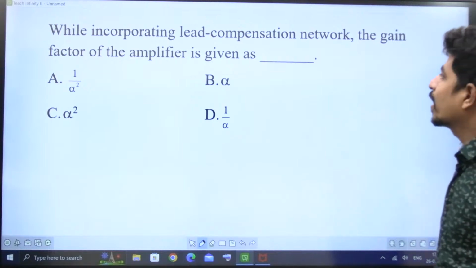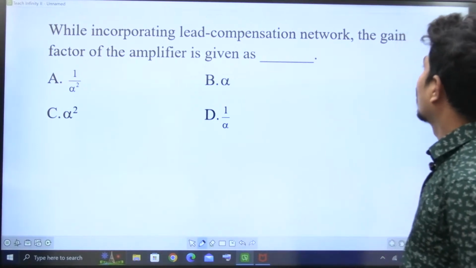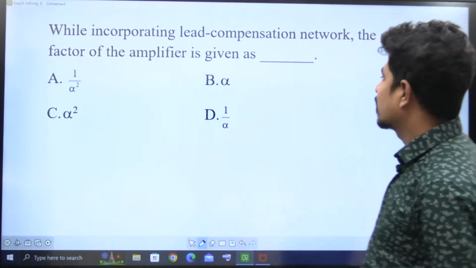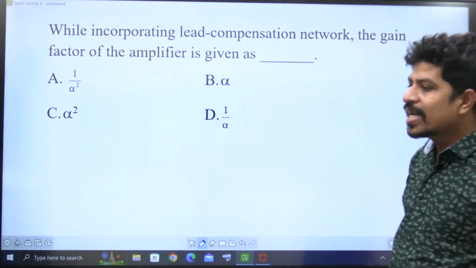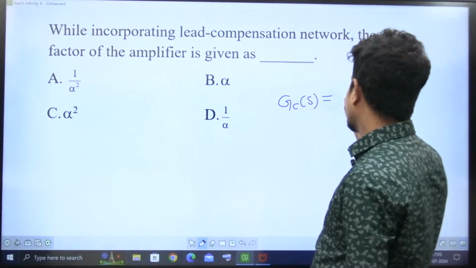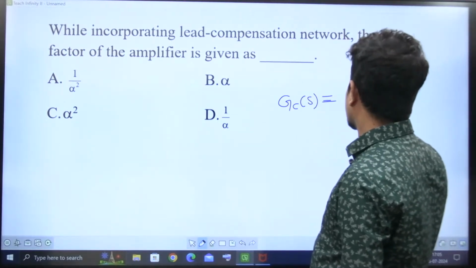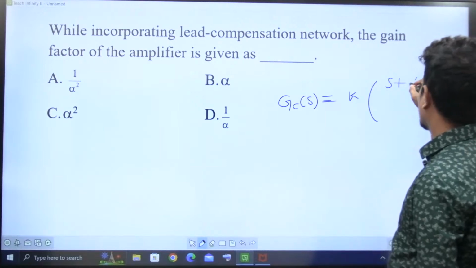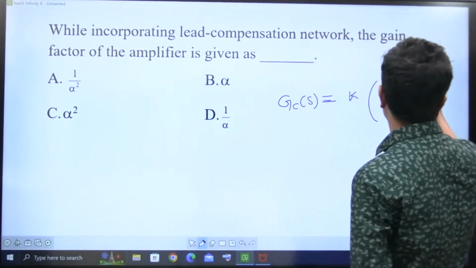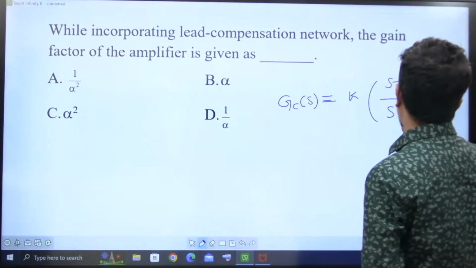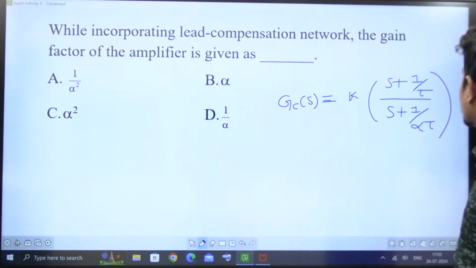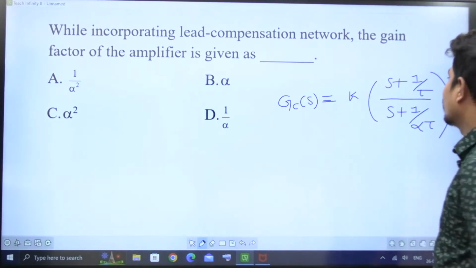Next, while incorporating lead compensation network, the gain factor of the amplifier. How does the lead compensator look? GC of S is some constant k into S plus 1 by tau by S plus 1 by alpha tau.